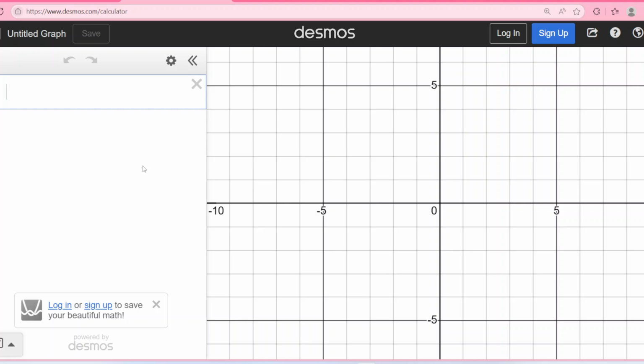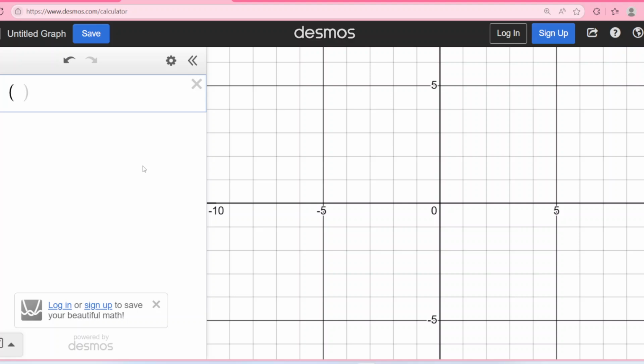I'm going to put in the parametric equations we were given, and we're going to see that, as I change the value of t, the parameter, the curve that is traced out on the xy plane is some line with a slope of -1. If you want to enter parametric equations in Desmos, you have to enter them like an ordered pair.